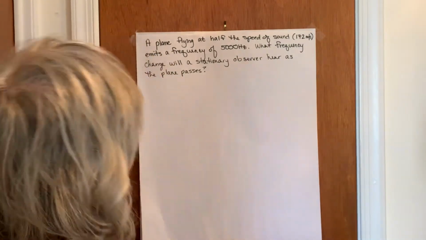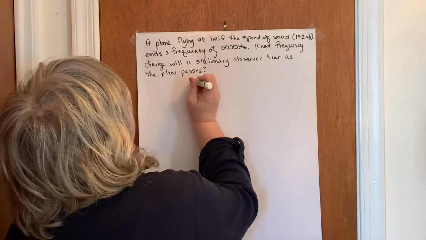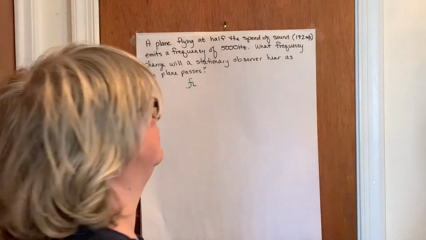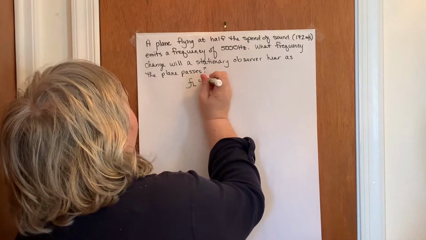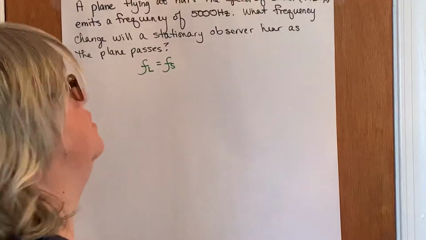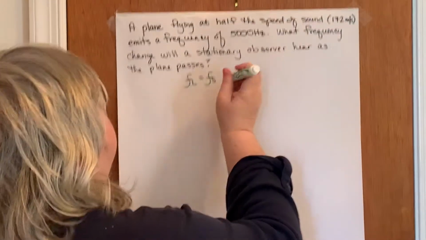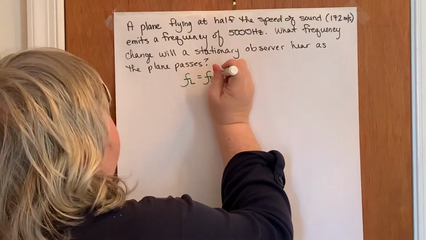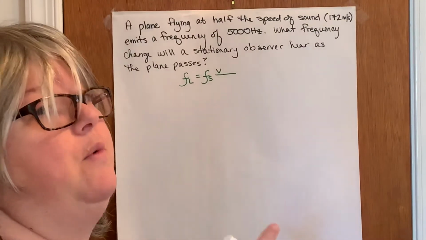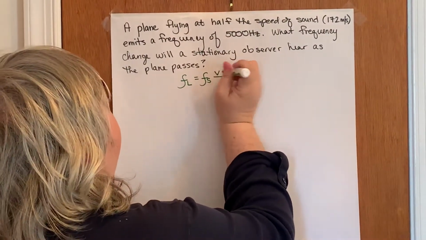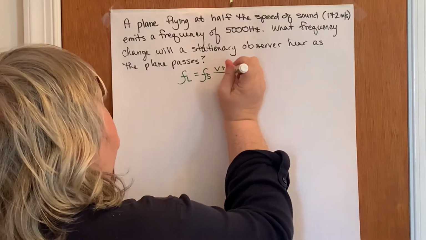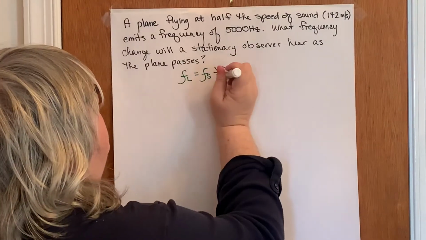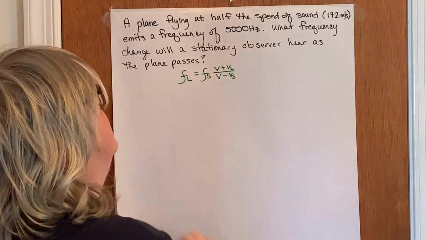The frequency heard by the listener or the observer is equal to the frequency emitted by the source times a complex fraction: the velocity of the wave plus the velocity of the listener, divided by the velocity of the wave minus the velocity of the source.